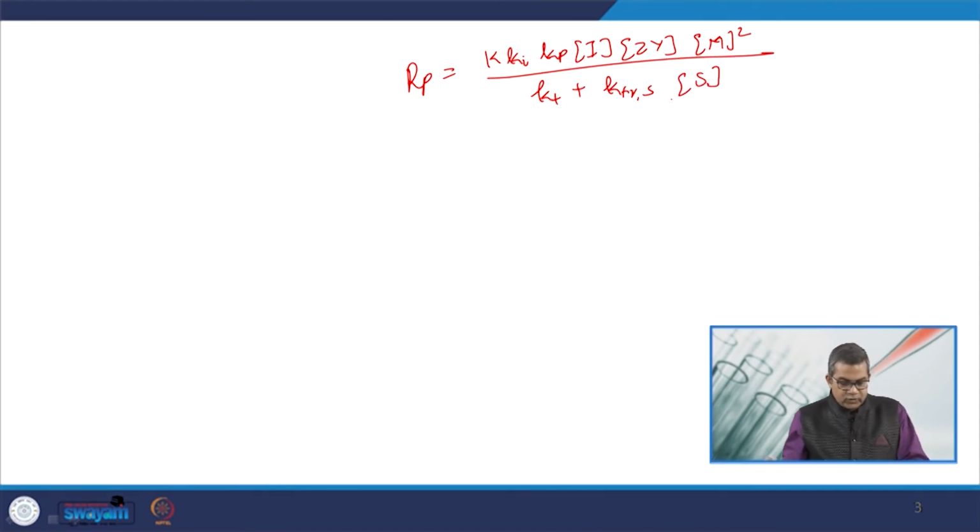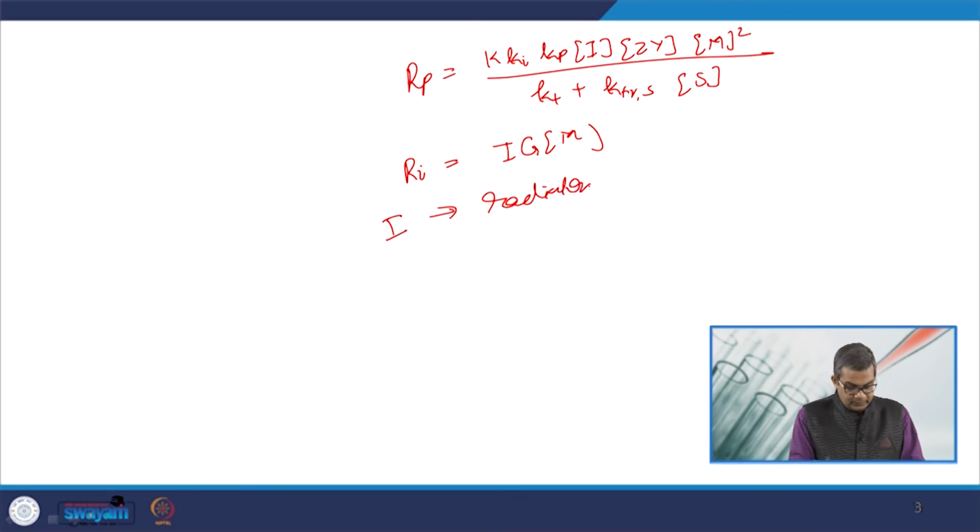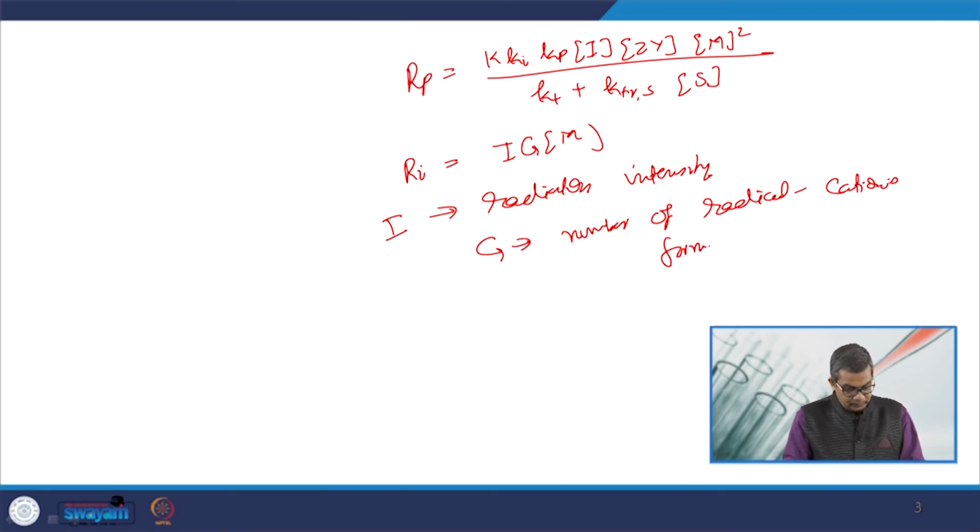Now in the usual situation, the radiolytic reaction determines the rate of initiation, and in that case Ri is given by I G m, where I is the radiation intensity and G is the number of radical cations formed per 100 electron volt of energy absorbed.